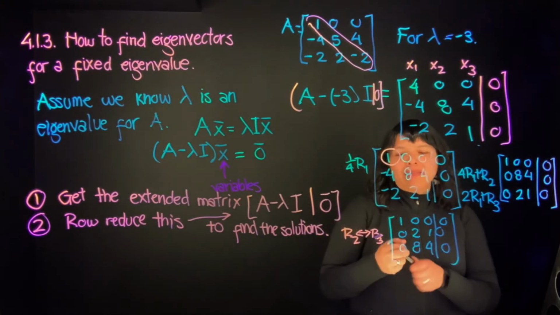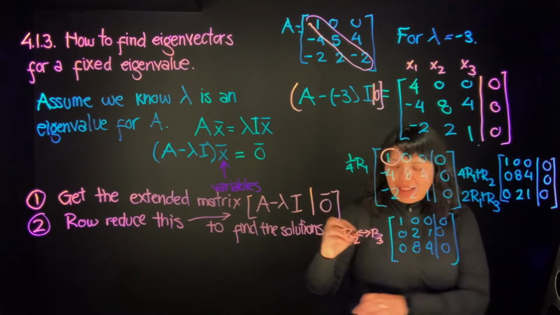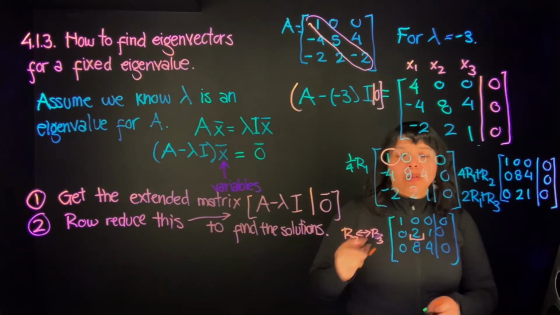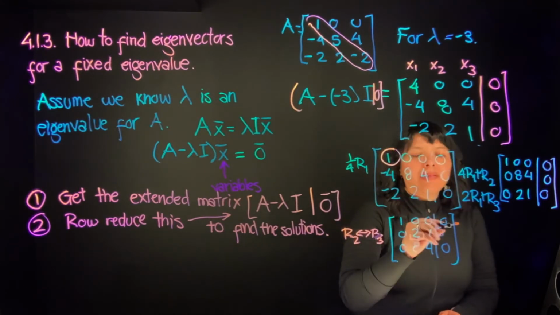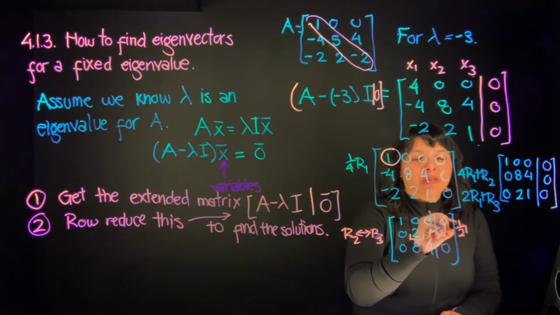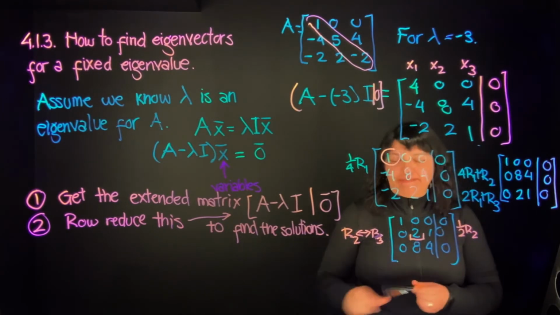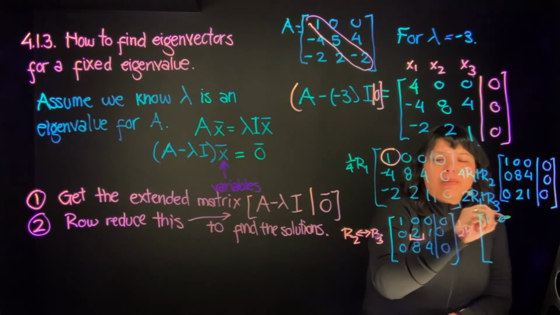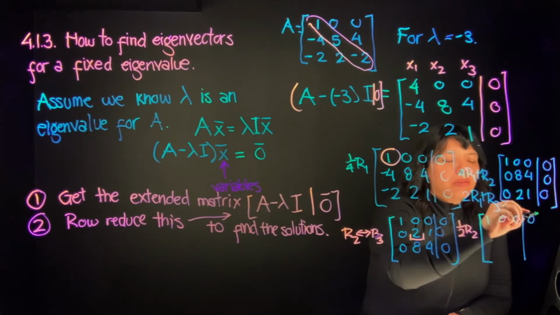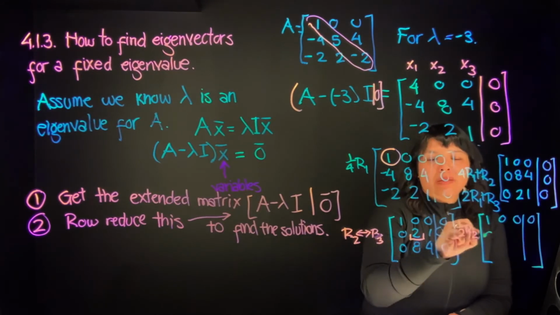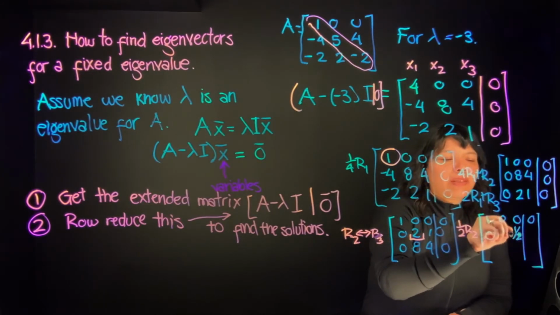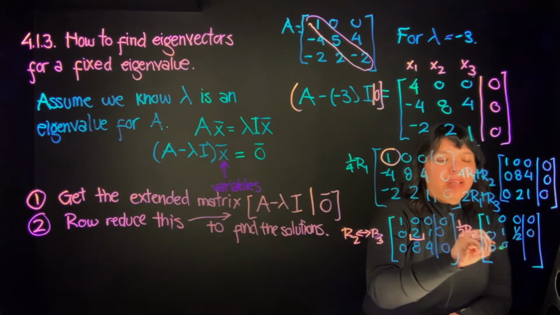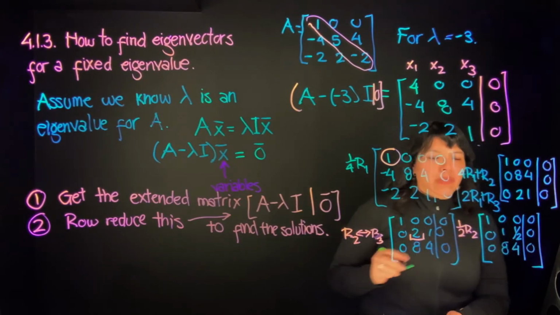And once I have that, again, I want to have a 1 in this entry. So to have a 1, I'm going to do 1/2 row 2. 1, 0, 0, 0, 0, 1, 1/2, 0, 0, 8, 4, 0.